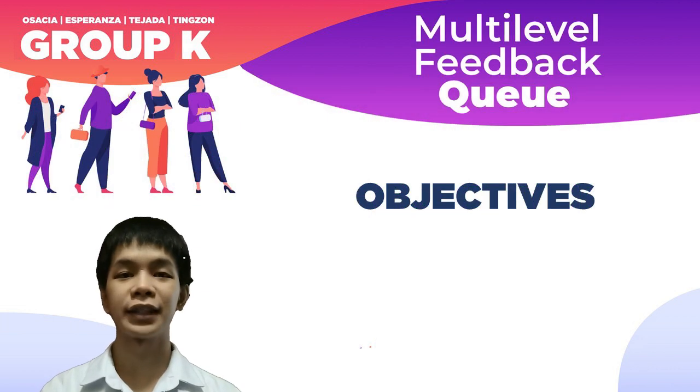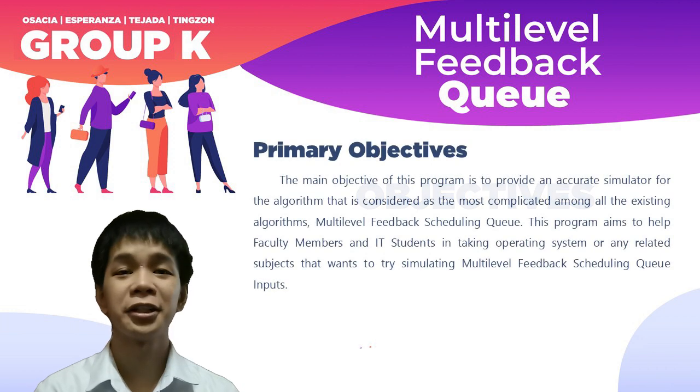Now, I would like to present to you the primary objective of this program. As mentioned in the background, the main objective of this program is to provide an accurate simulator for the algorithm that is considered the hardest and most complicated among all existing algorithms, the multi-level feedback scheduling queue.